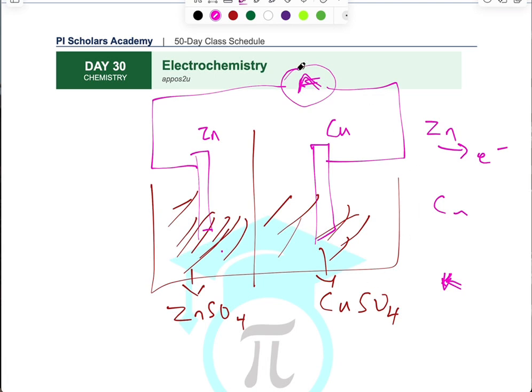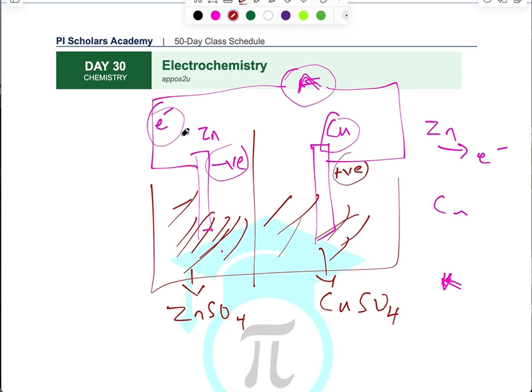So this guy is the one losing electrons in this place, and this one is the one gaining electrons. What does that tell you? First of all, because of this electron-rich region, this guy is going to be your negatively charged electrode, and this guy is going to be your positively charged electrode.